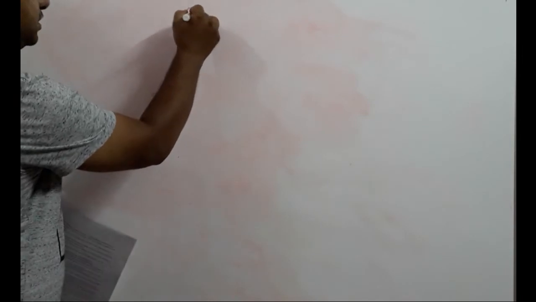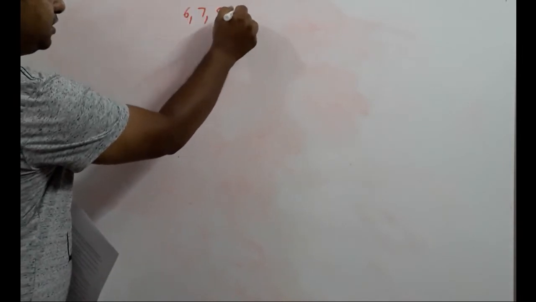Our first question says cards each marked with one of the numbers 6 to 15 are placed in a box and mixed thoroughly. One card is drawn at random from the box. What is the probability of getting a card with number less than 10? So let's list down the numbers from 6 to 15 first.